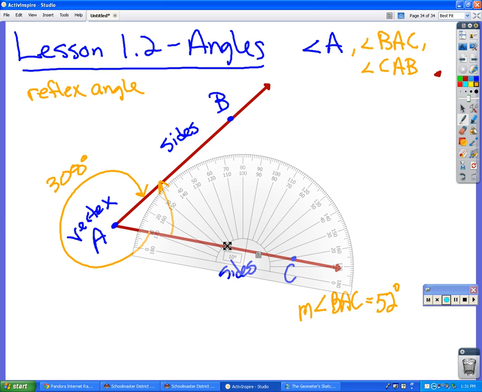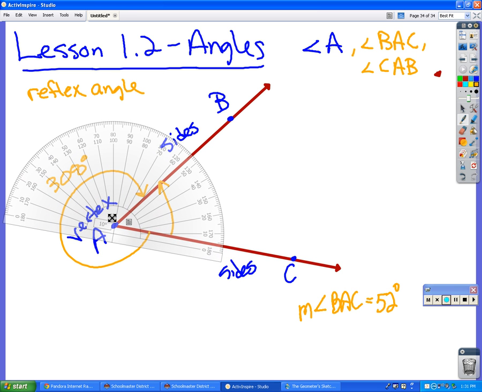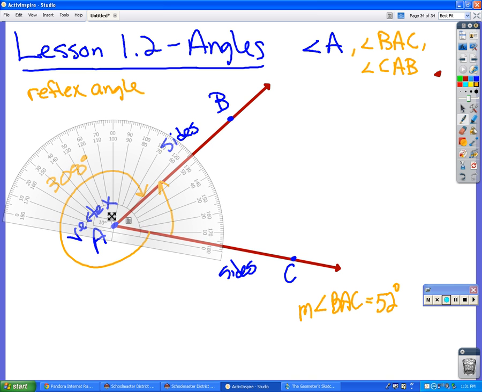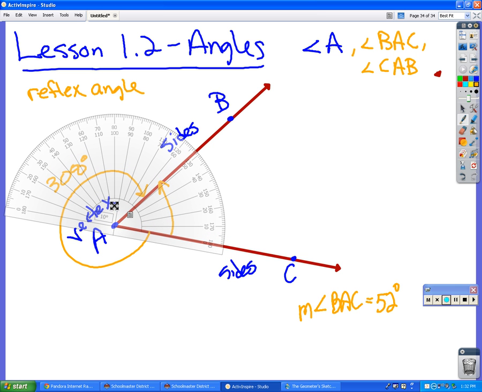Okay, the last thing that we need to know about today is I need you to bisect your angle. The way you do that is you take your protractor and put it back where it was when you used it to measure. My angle is 52 degrees, so if I bisect that, how many degrees will I have? 26, because bisect cuts it in half.